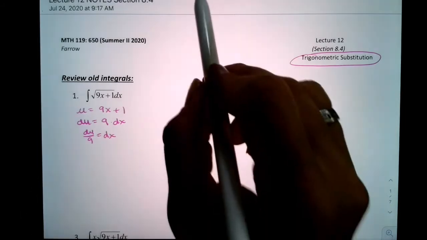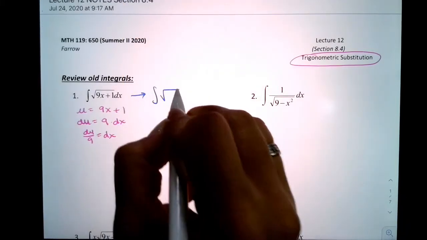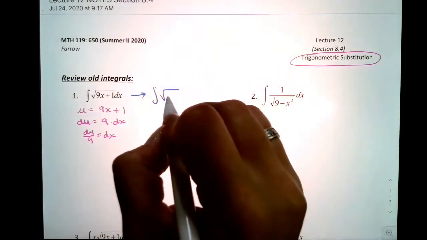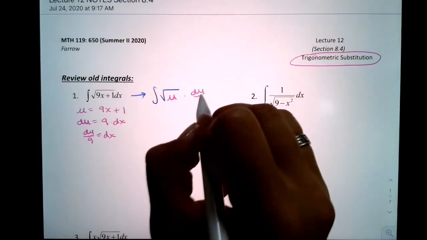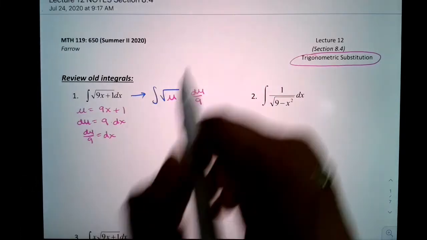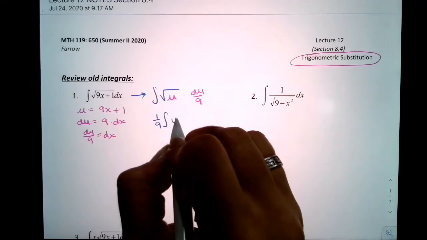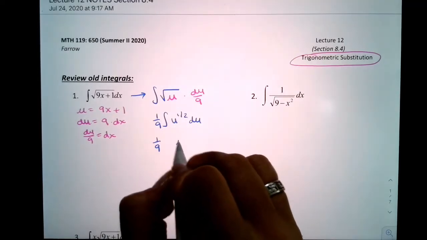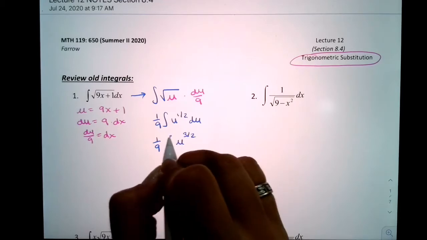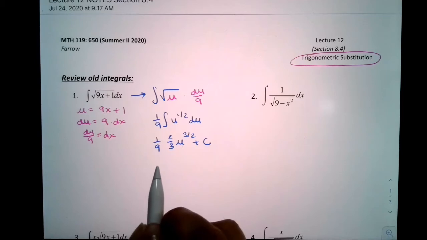So I'm going to go ahead and make that swap. My integral was the square root of something. I chose to let all that stuff underneath be u, and in place of dx, I'm replacing it with du over 9. So I'm going to take that 1/9 out. I'm really integrating u to the 1/2 du. And so I'll get that antiderivative: add 1 to the exponent, divide by my new exponent, and put all these puzzle pieces together.